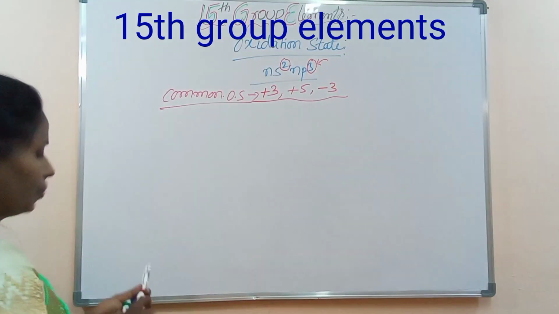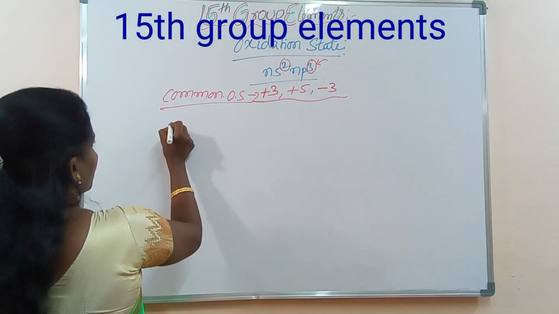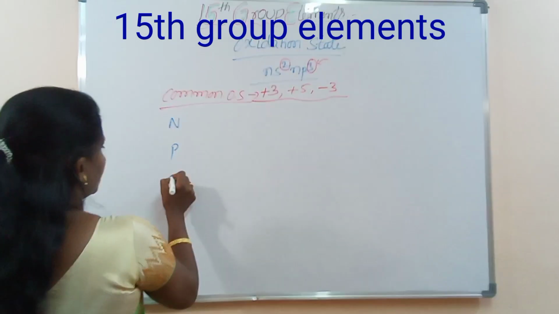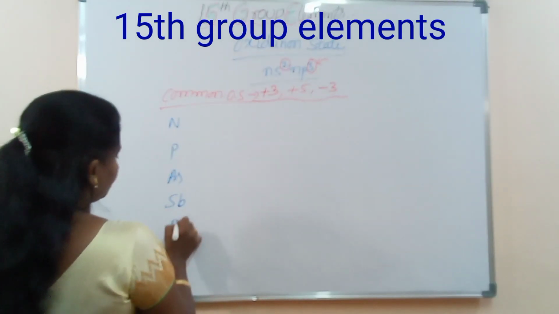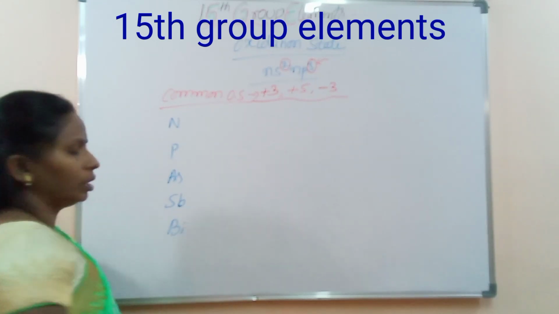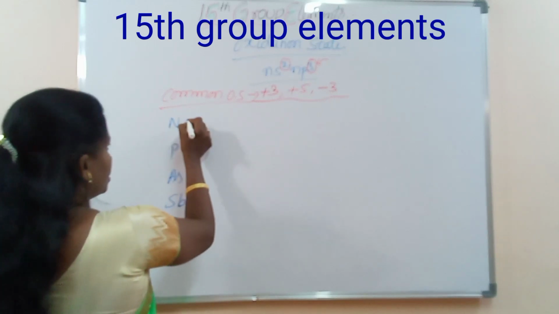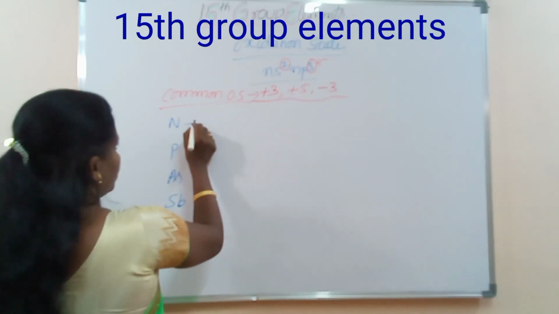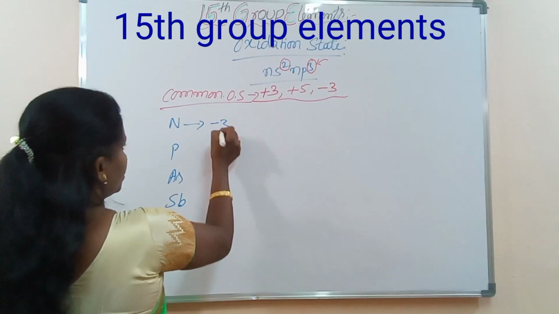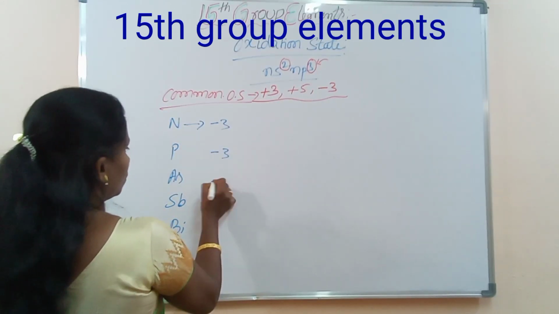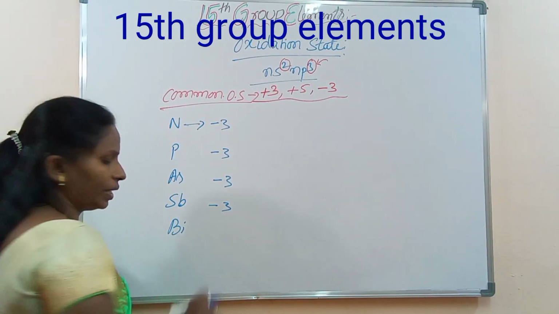So look here. The elements of the 15th group are nitrogen, phosphorus, arsenic, antimony and bismuth. Here all the elements exhibit all three oxidation states. Nitrogen shows -3, and so on.